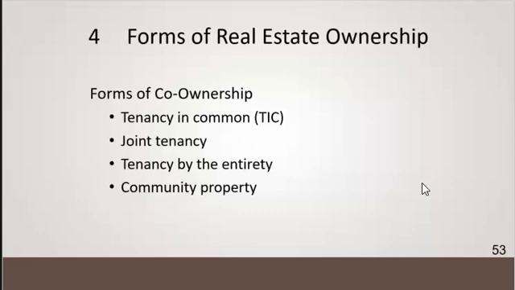Now, there are several things that have to happen for TICs to be in place. The only thing that is required by all of the owners is that they get to be in possession of the property. That is the only, and it's called a unity. The only unity that these owners share is possession.